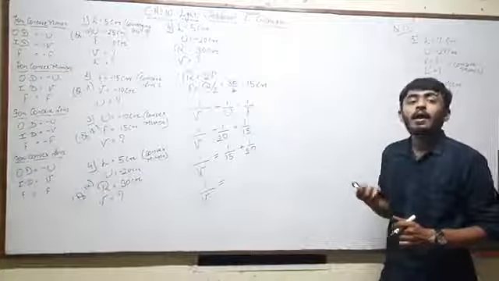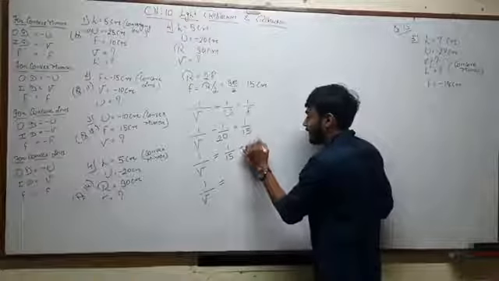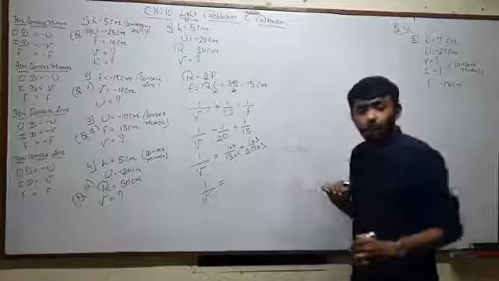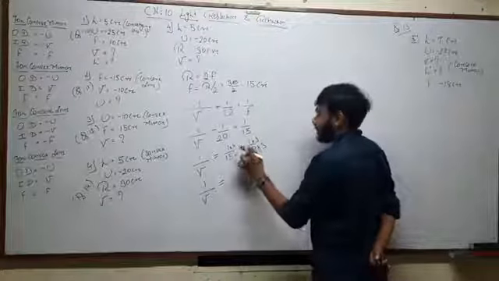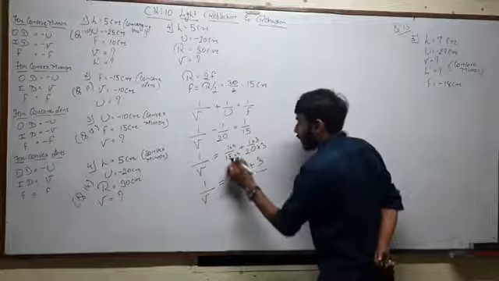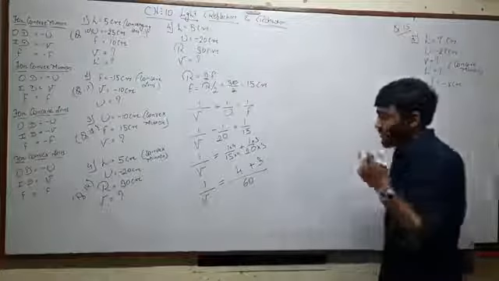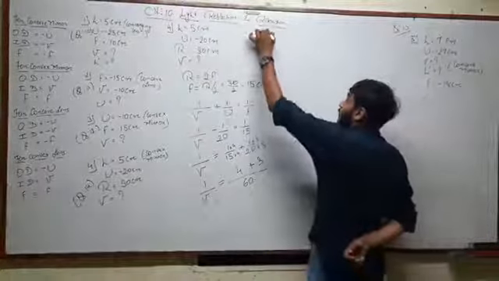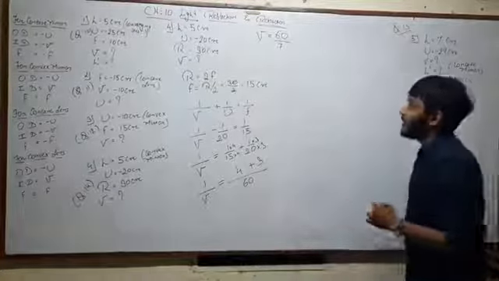That is 60. 3 fours are 12... 4 ones are 4 plus 3 ones are 3 whole upon 60, 15 fours are 60, 20 threes are 60. So we can write 1 upon v is equal to 4 plus 3 upon 60. So you can also write v is equal to 60 divided by 7.